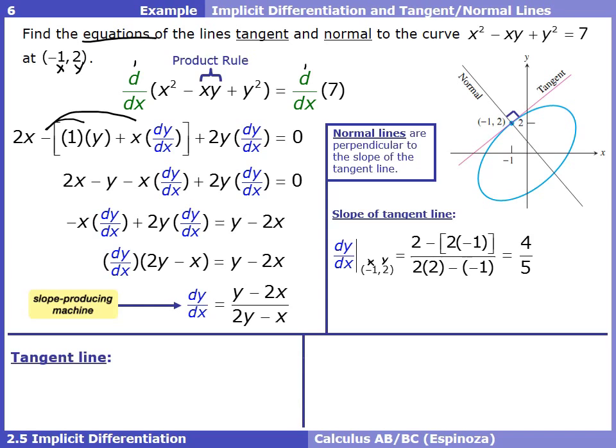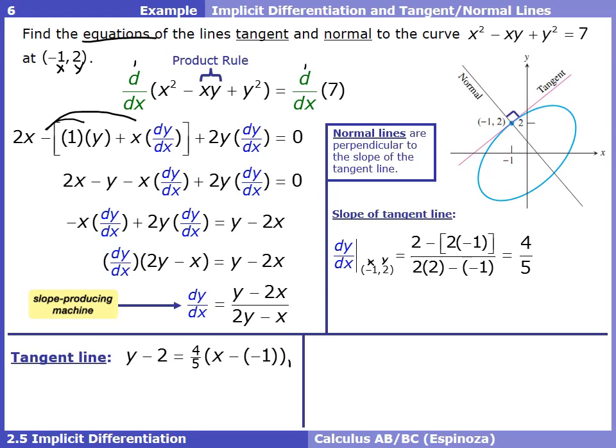So great. Now we can write the equation of our tangent line. We know the point that we're writing the equation at is negative 1, 2. So we can plug in 2 for y, and we can plug in negative 1 for x. And we just discovered that the slope of this tangent line, using our derivative, our slope machine, is 4/5.